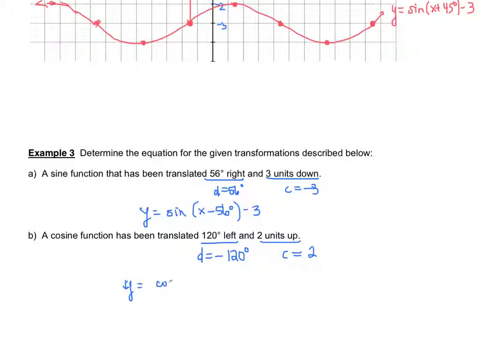So y equals cos x minus negative 120 plus 2, or in simplified form, y equals cos x plus 120 plus 2. Hopefully that is legible. Okay, and that concludes this lesson.